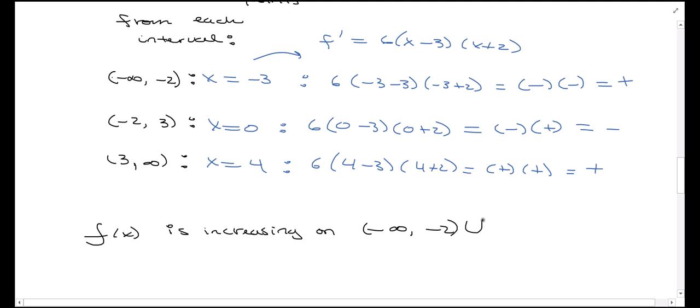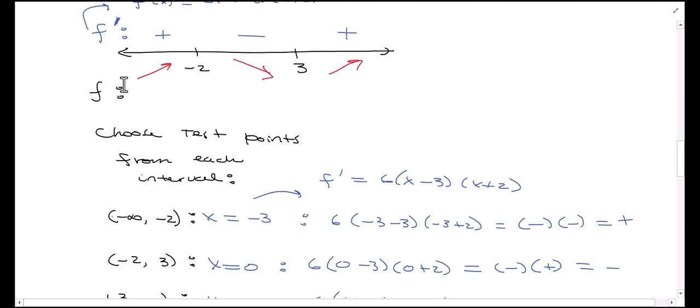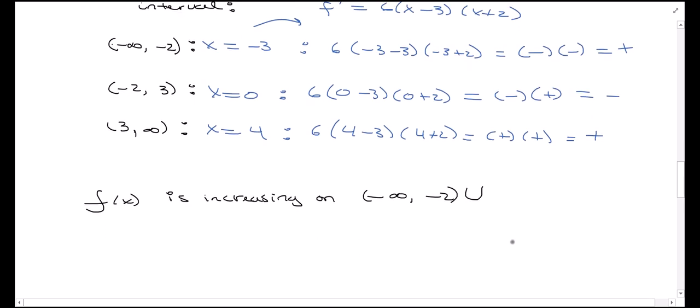Ideally we would have the number line visible, so you can just look at the number line. So minus infinity to minus 2 and then 3 to infinity. So union, to put them together, and f of x is decreasing on what intervals? It's where the derivative is negative, so it's going to be on the interval negative 2 to 3.